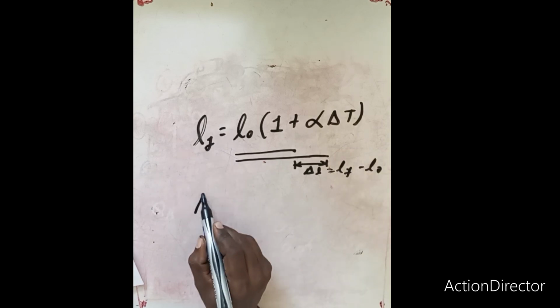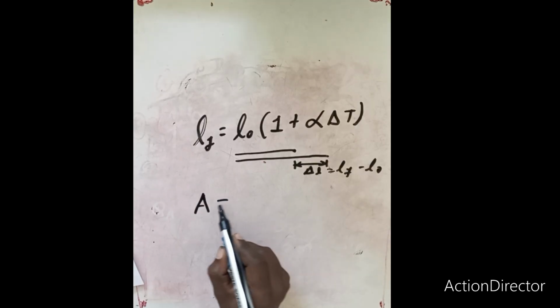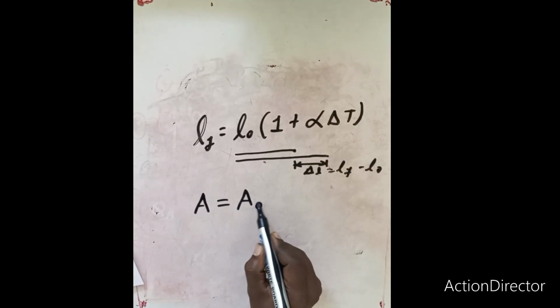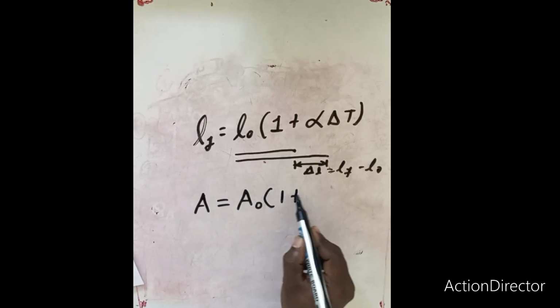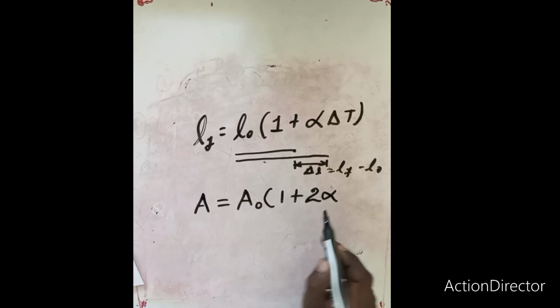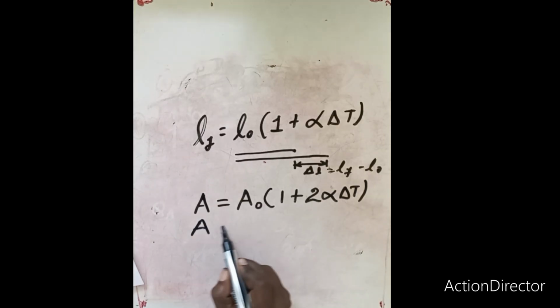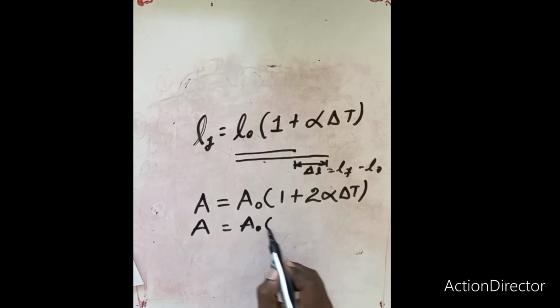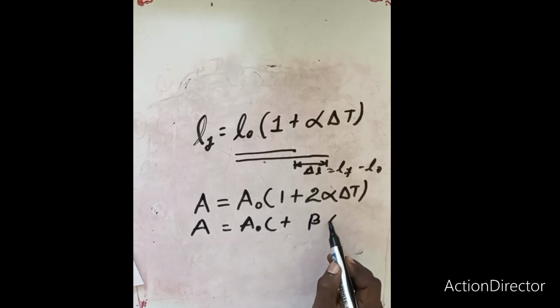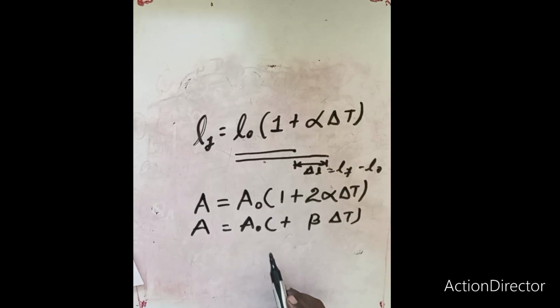The other one is area. Final area is original area times 1 plus 2 alpha, or beta, change in T. Or we can write area final equals original area times 1 plus beta change in temperature. The area changes in both directions, the y direction as well as the x direction.